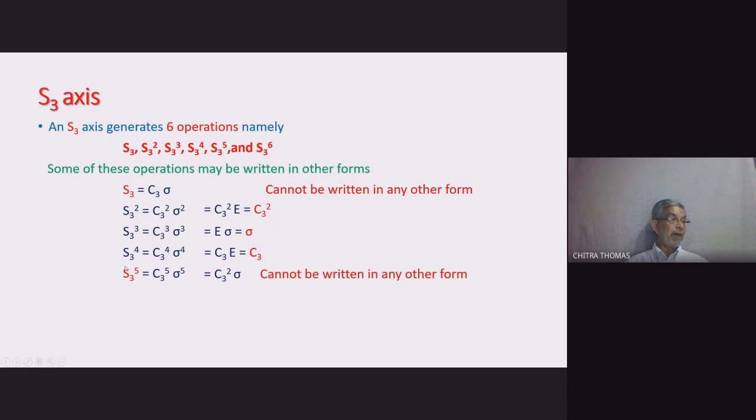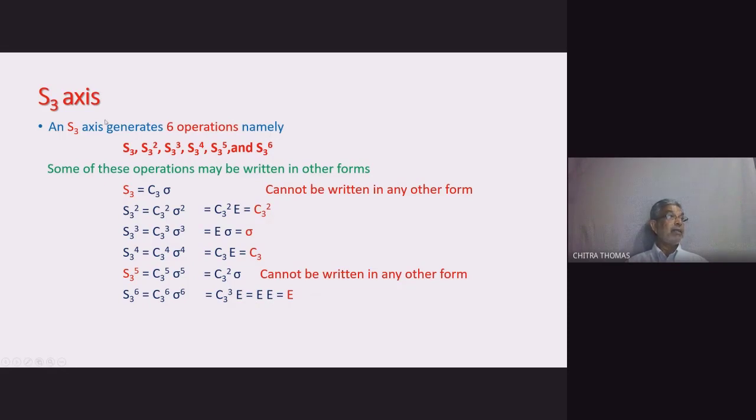And S3⁵ is C3⁵ into sigma to the power 5, which is C3² into sigma, cannot be written any other way. Then S3⁶ is equal to C3⁶ sigma to the power 6, which is C3⁶ into identity. Then C3⁶ is identity, so the final result is identity.